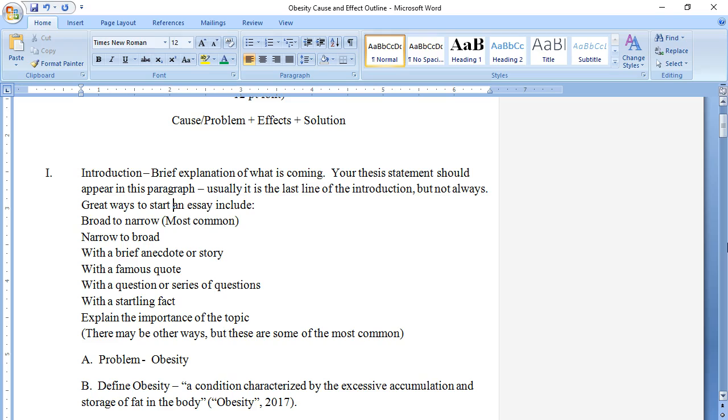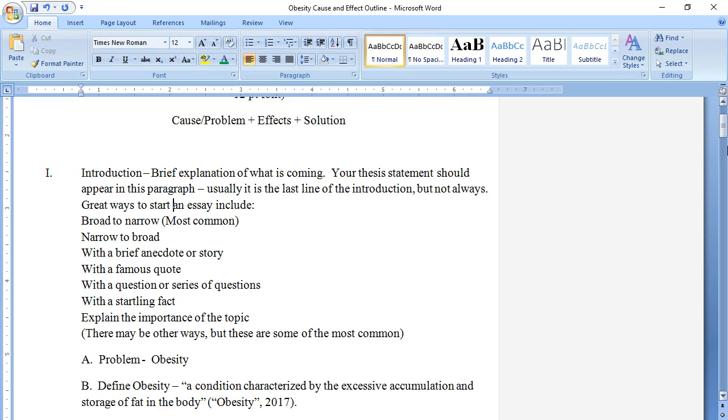That is a direct cause of the fact that she's 50 pounds overweight. So you actually start with the more narrow and broaden it out to something greater that then hopefully lures the audience in, makes them want to pay attention.